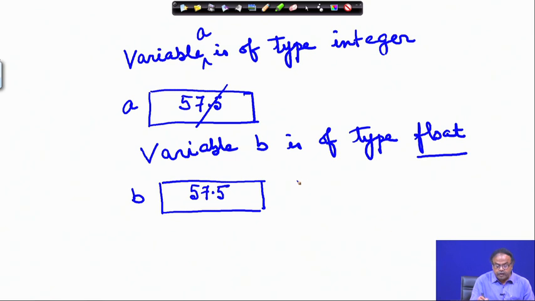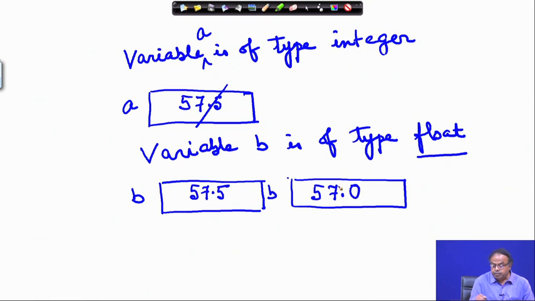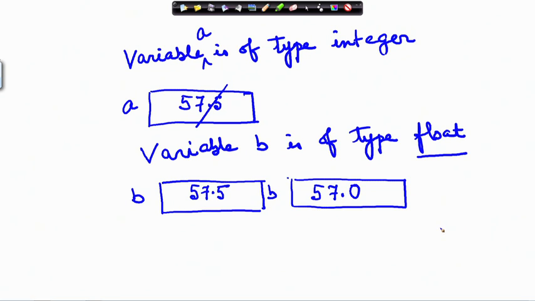Even if I try to store just 57 in B, it will be stored as 57.0. Similarly, there can be types of characters. Now, depending on the type of the variable, the compiler assigns different sizes of memory for different variables.